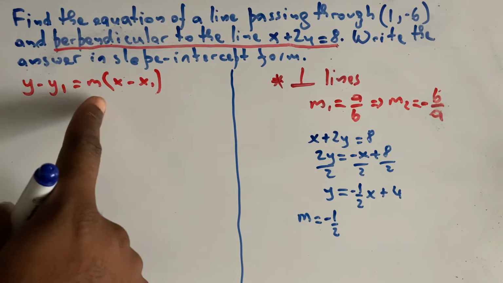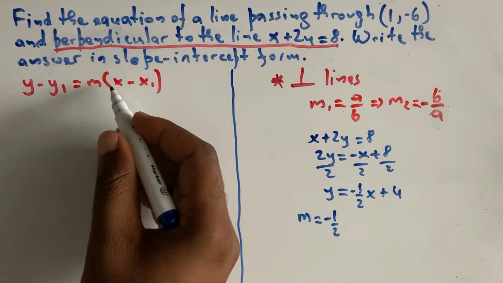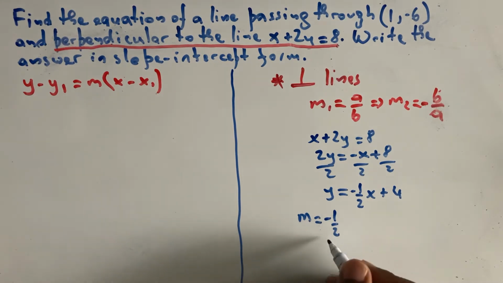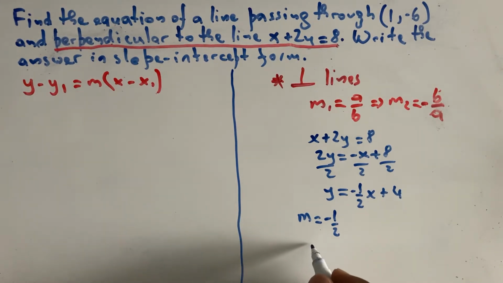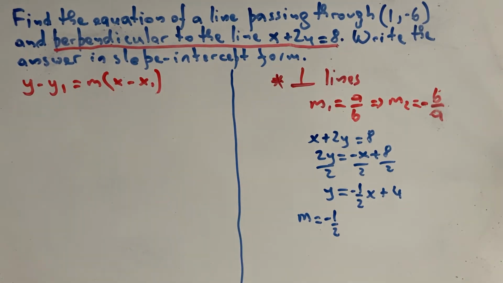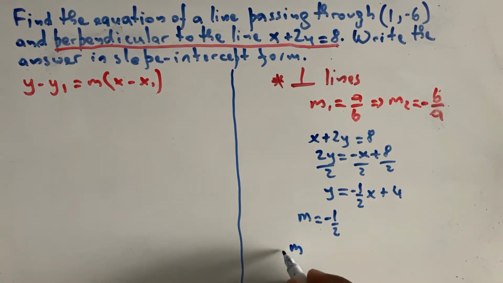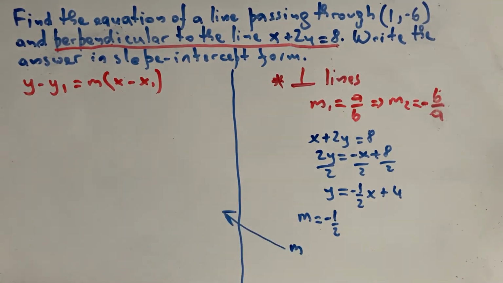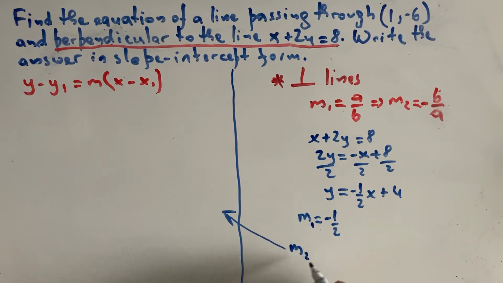So if I need the slope of the line I need here, I could say, okay, the line I need, its slope would be, just to differentiate, let me call this m1 and this m2.